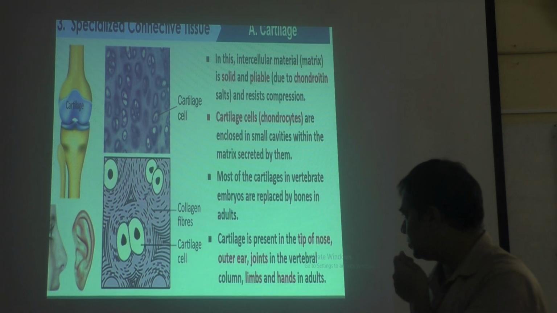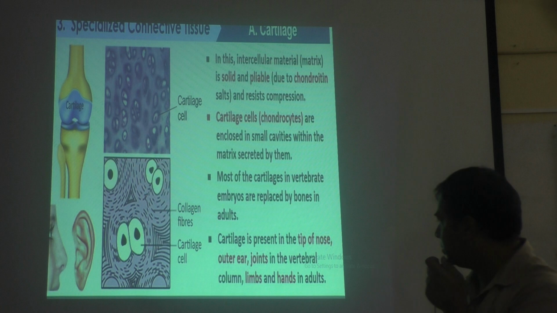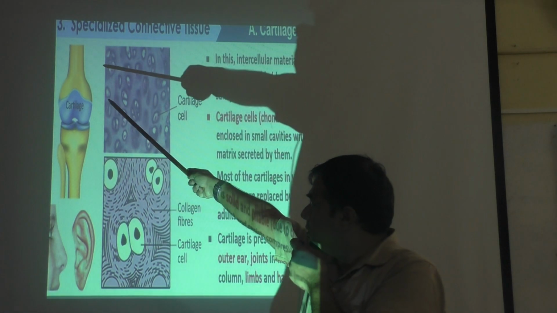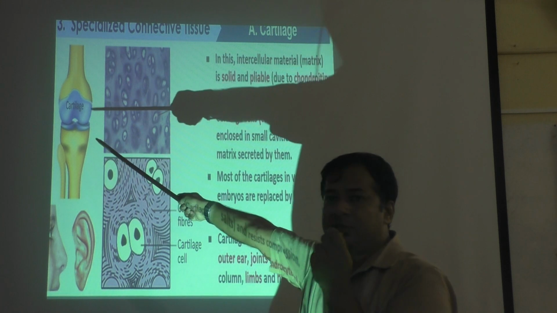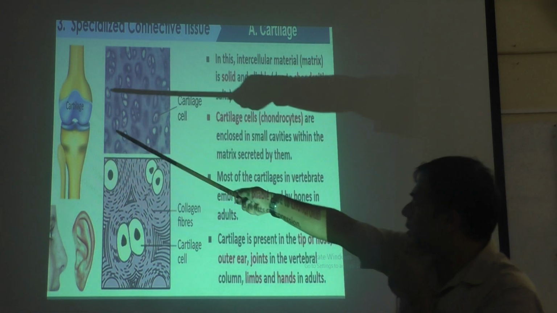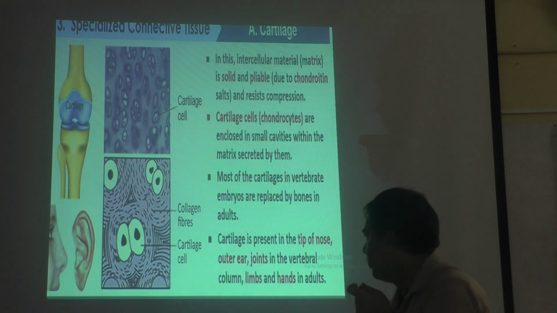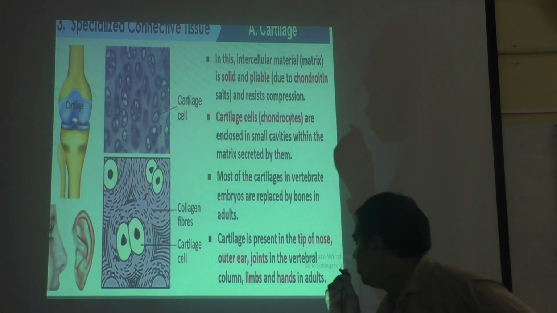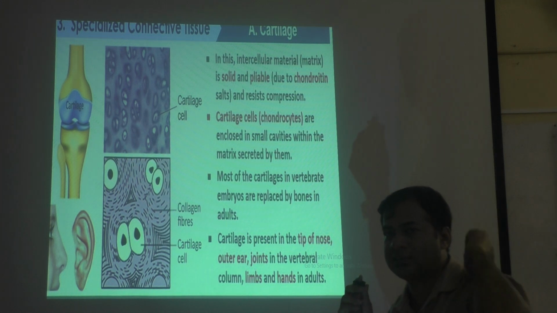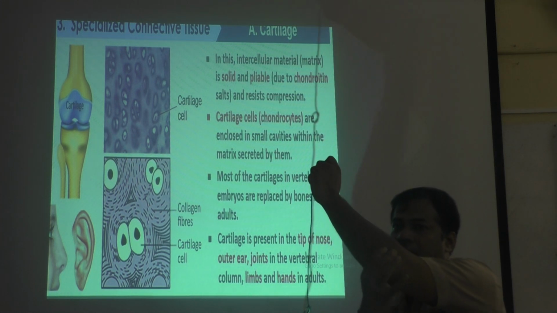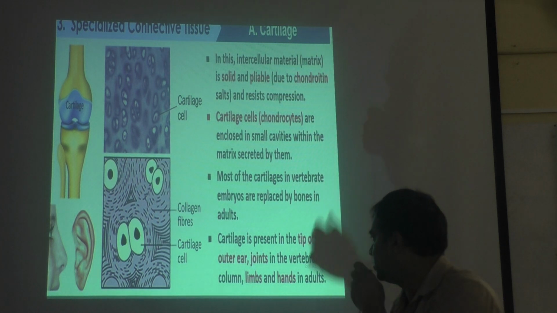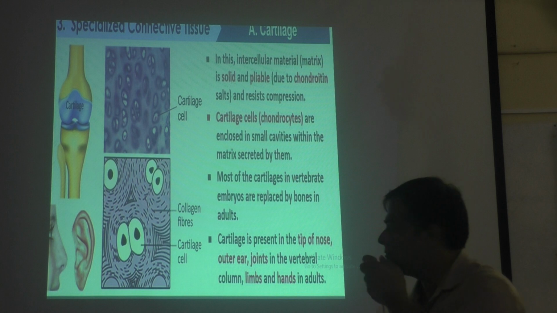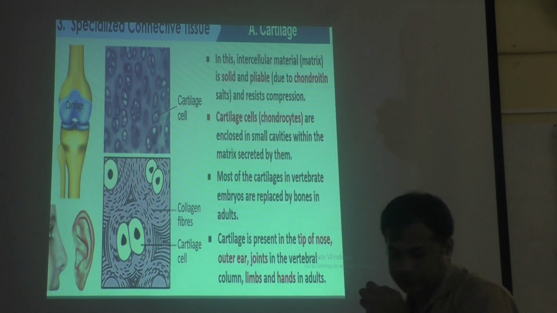It is also present in the outer ear, and in some joints between two bones, shown in blue here. Then it is present in the vertebral column, the backbone, and in the limbs, hands and legs, where joints are. Hands in adults also have cartilage.